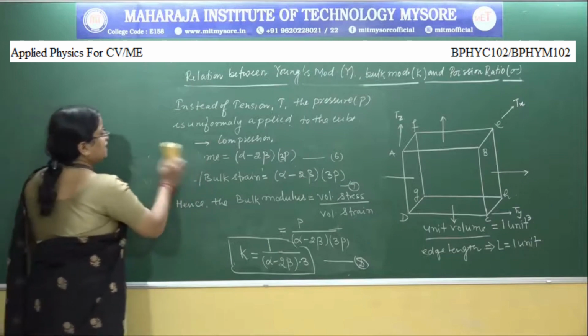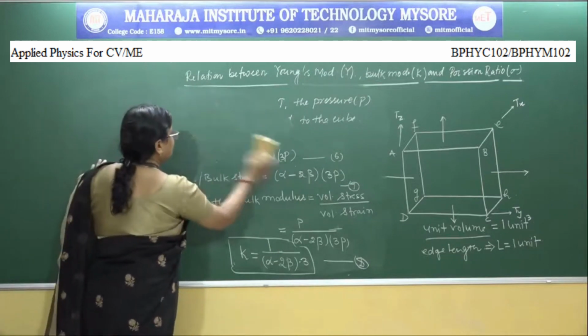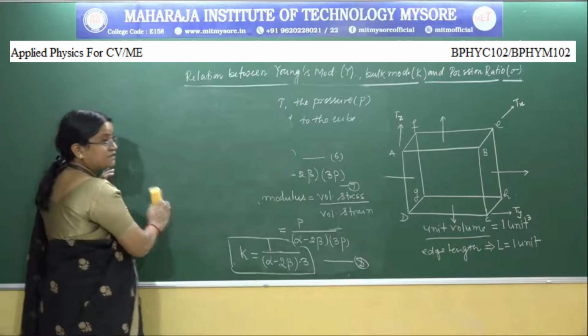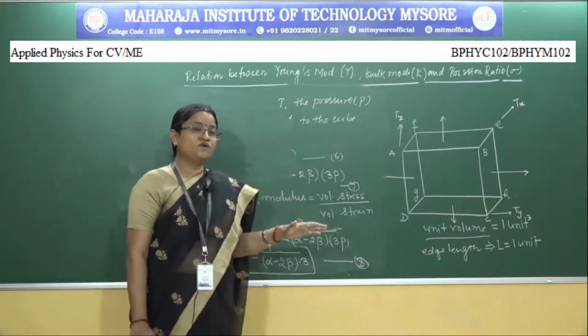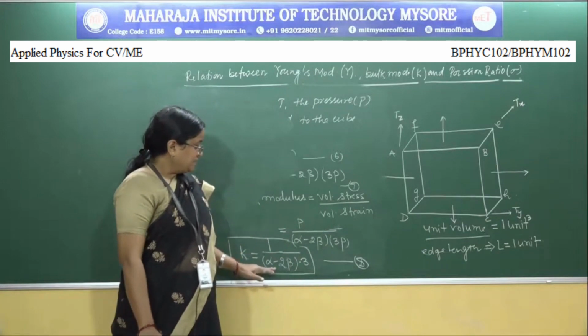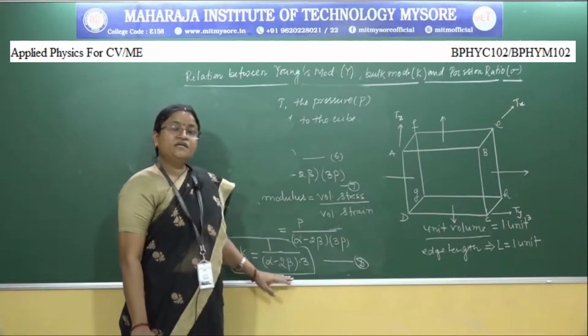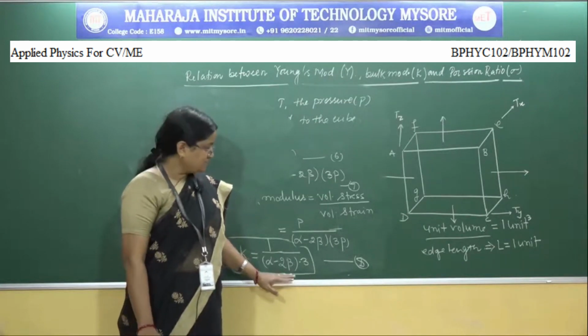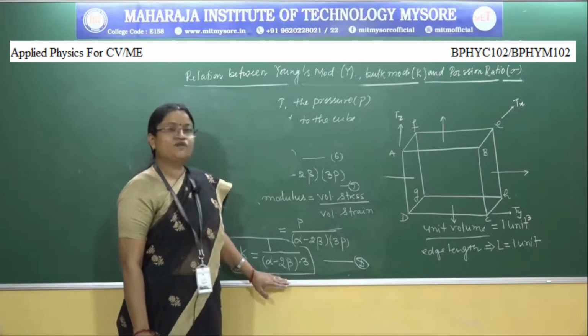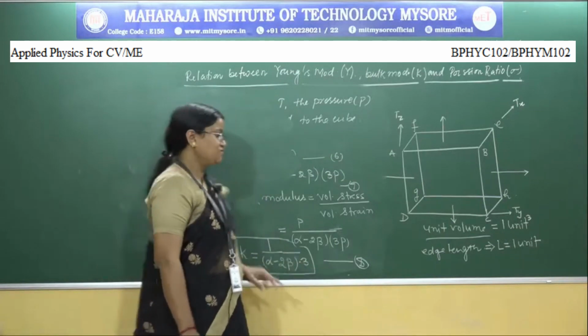Now, as usual, when we found the relation between Young's modulus, rigidity modulus and Poisson ratio, we divided the numerator and denominator by alpha, the longitudinal strain coefficient. Similarly we will do it for equation 8 as well.